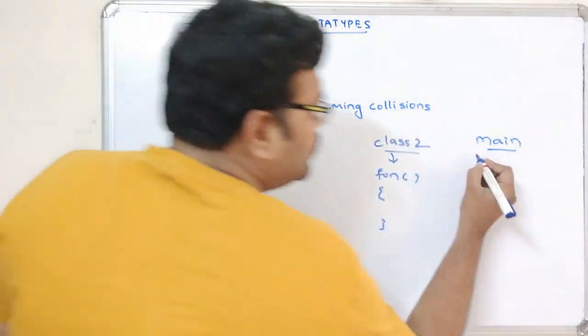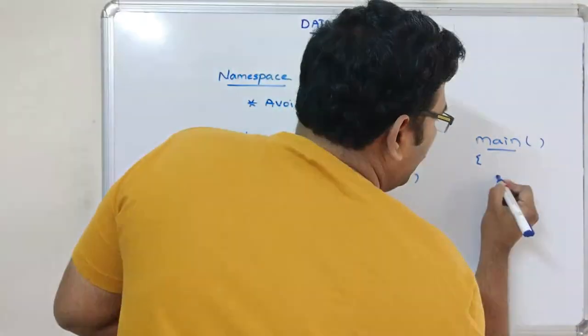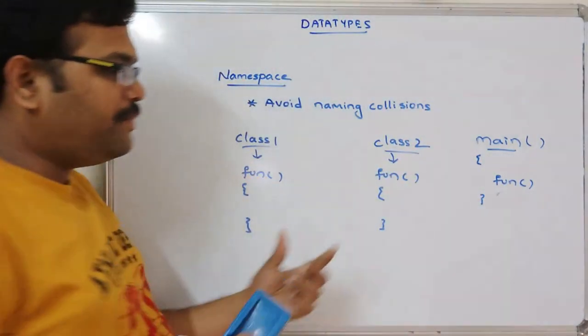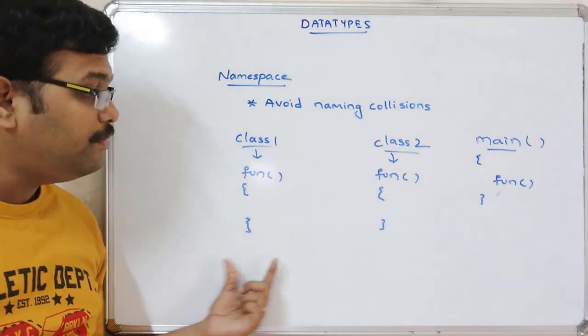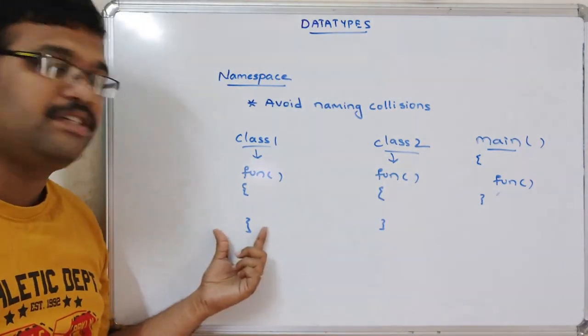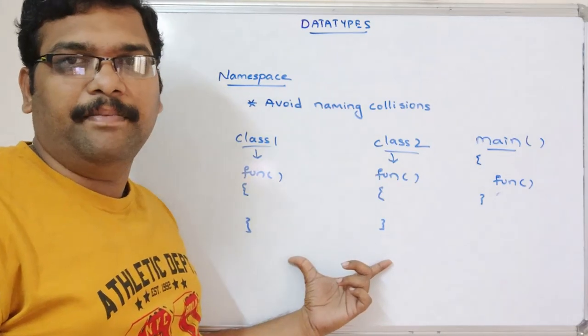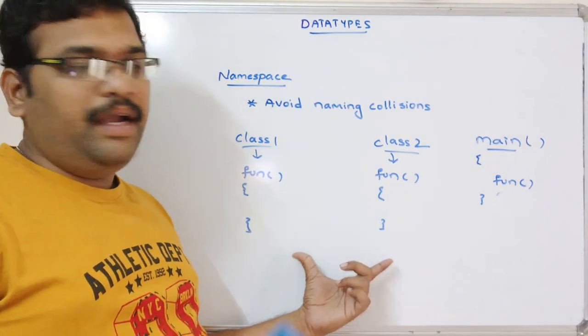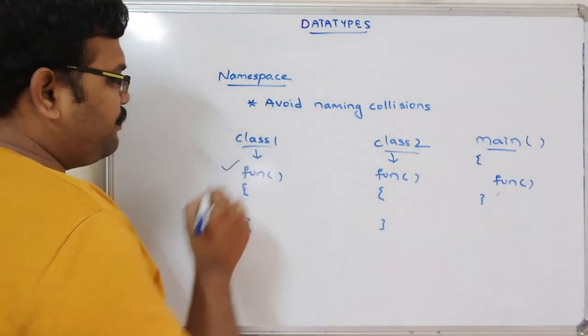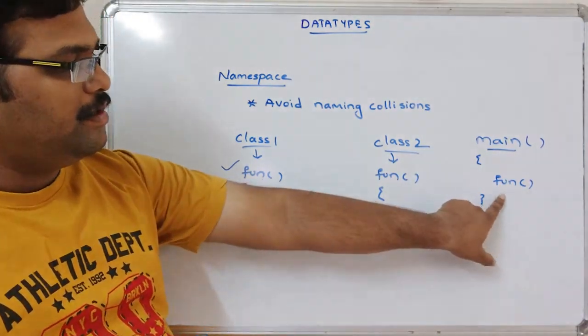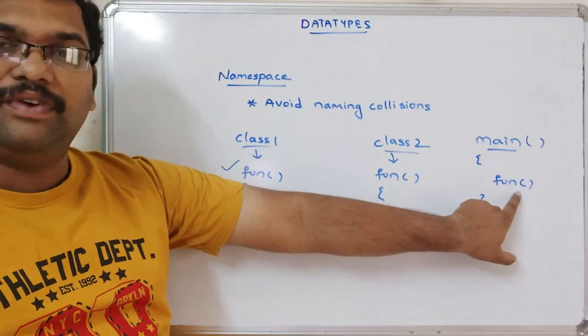So, in the main function, if I call this function, which function will be executed? Whether this function or this function is executed, because both the functions have the same name. I want to access the class 1 function, so I am just calling this function.